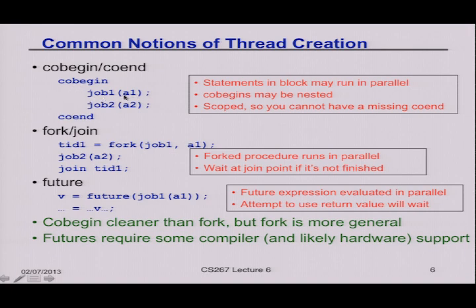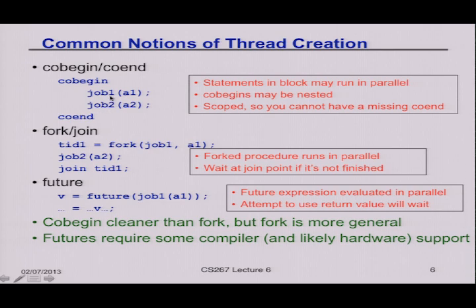So job 1 is a subroutine that's called with input A1. You're telling the language it can run on one processor. And job 2 can run with input A2. And there's a scope here so that at the beginning, your program gets to this point, these two jobs are spawned, and then you have to wait for them both to finish before you end. So when you get past this line of code, you know both those jobs have finished.